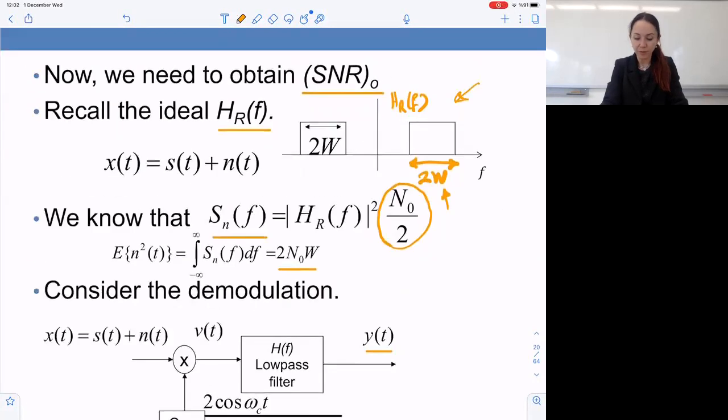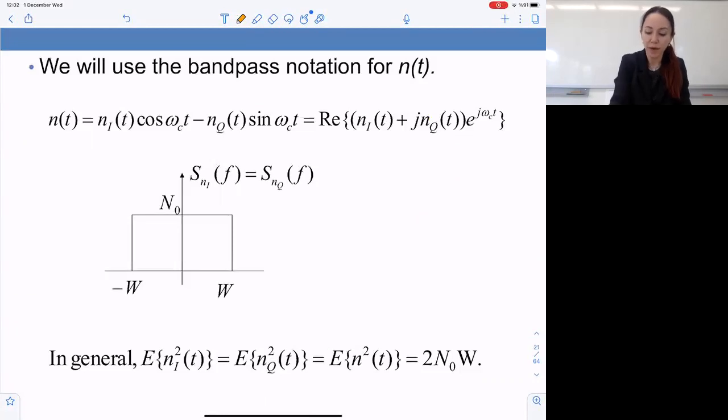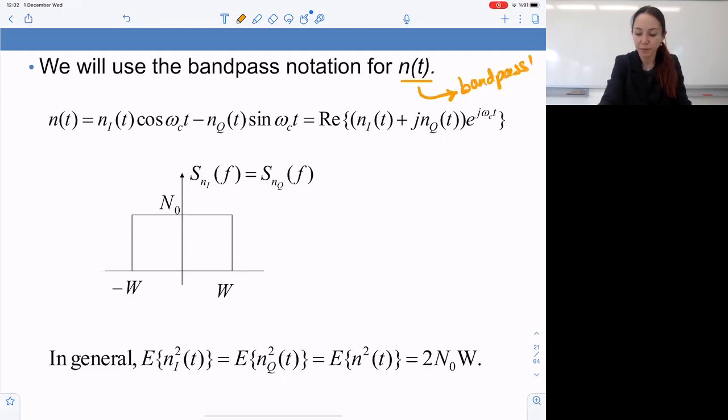Well, by the way, it is worthwhile thinking about the noise in terms of its in-phase and quadrature components, because notice that this is bandpass noise.